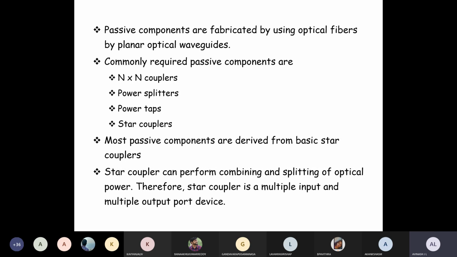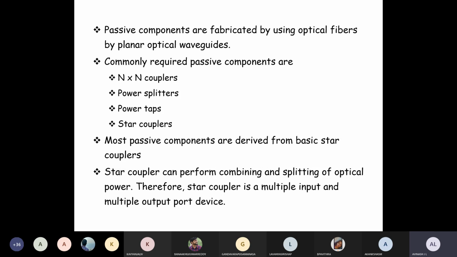Power taps means we are going to stop the power, and when we require it, we release that power. That means we stop the flow of power and release the flow of power when we require. That is called power taps, like the tap in the water. When we close the tap, water cannot flow.